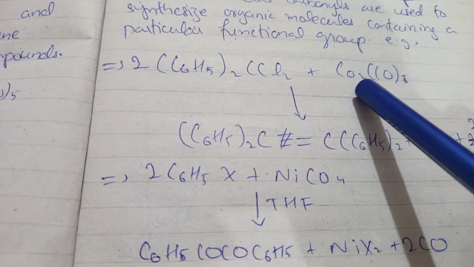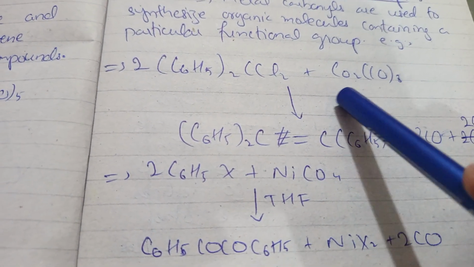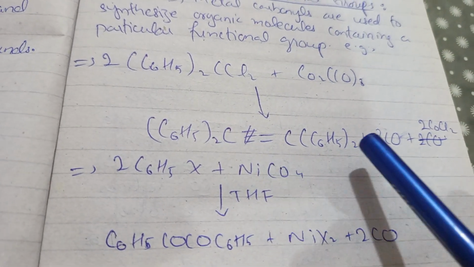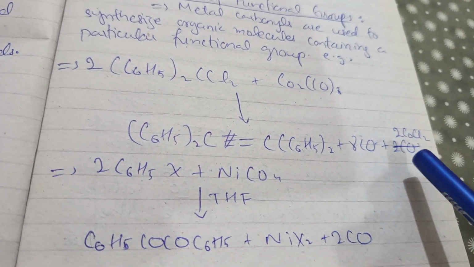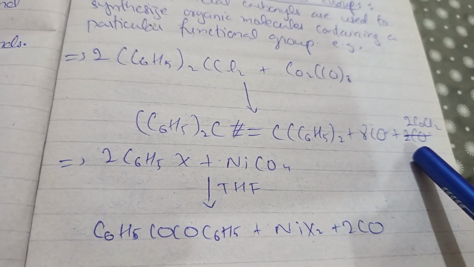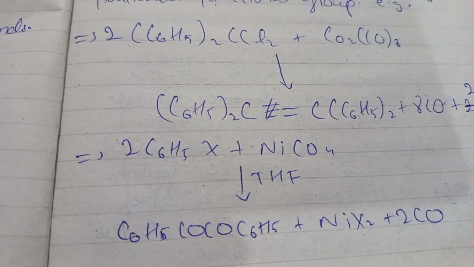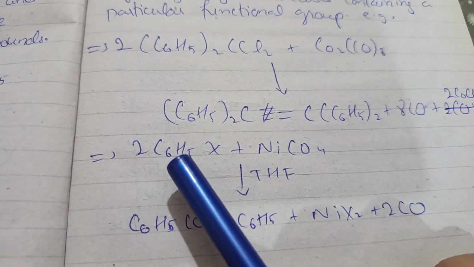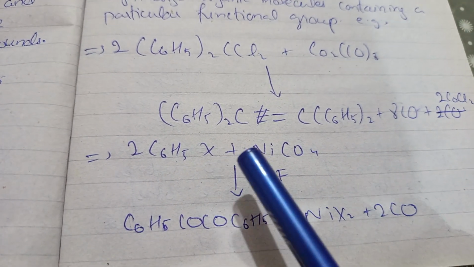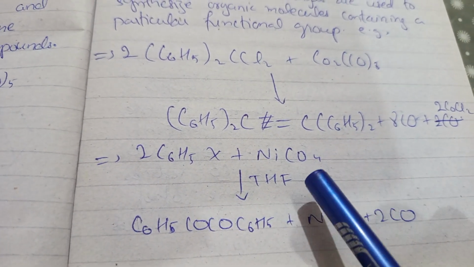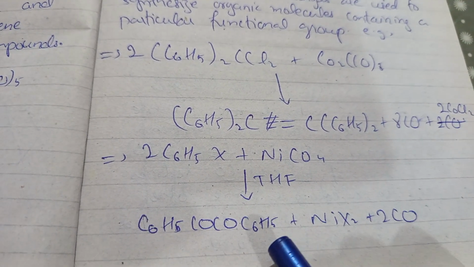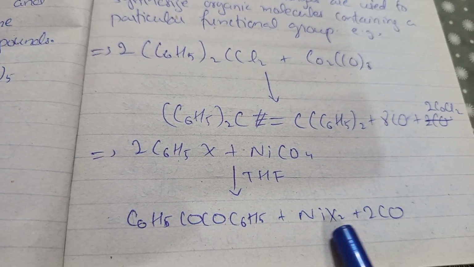When it reacts with this metal carbonyl, it forms this alkene plus CO and COCl2. Similarly, in this reaction, you can see that C6H5X on reaction with metal carbonyl in the presence of THF yields these products.